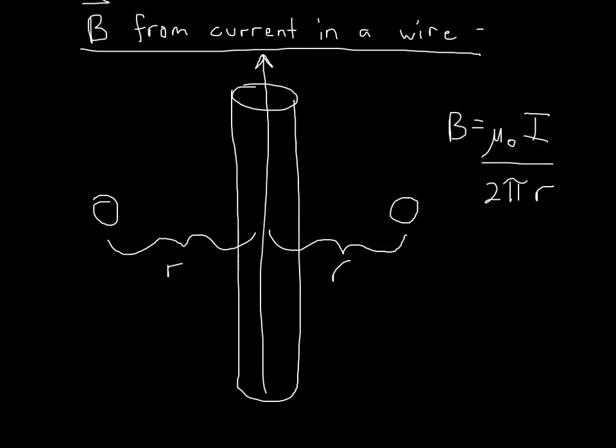The direction of a magnetic field, the direction of B, comes from a new type of right-hand rule, where I put my thumb in the direction of the current and I curl my fingers in the direction of the magnetic field.